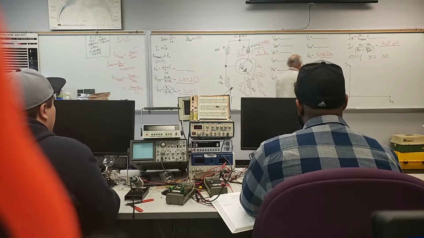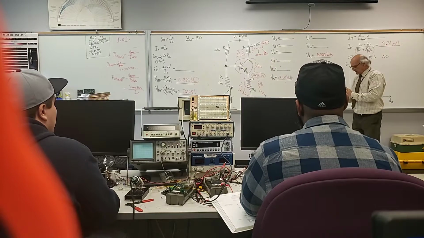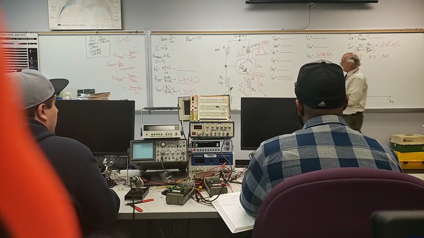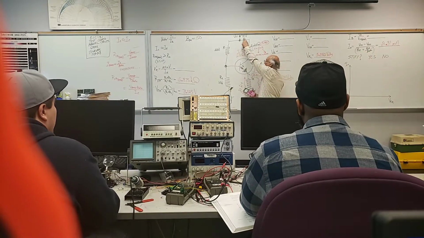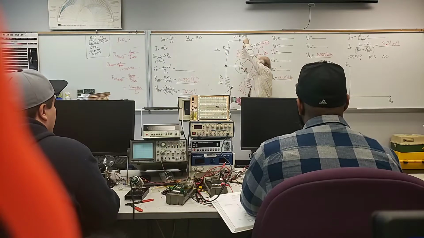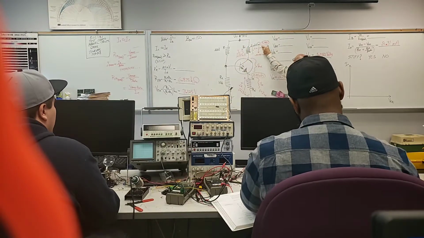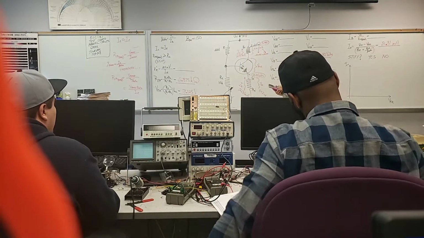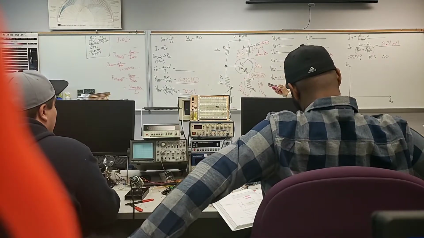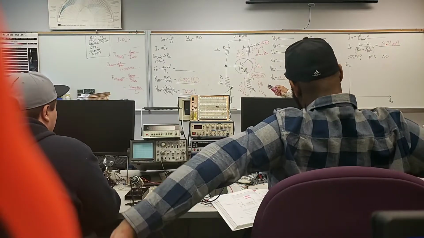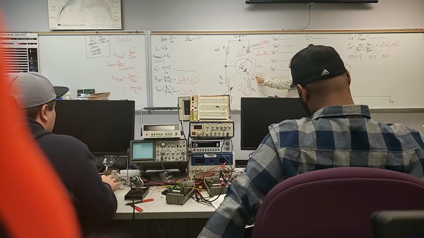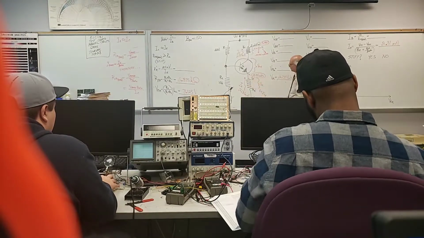So I'll take 10 and subtract from it. The reason I take 10 is because that's my supply voltage. Then I'll subtract that voltage right there, 5.082. Then I'll subtract that voltage from it, 2.31, because that voltage is across that resistor.